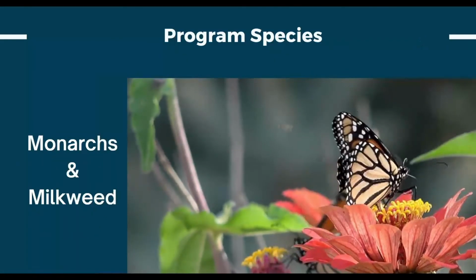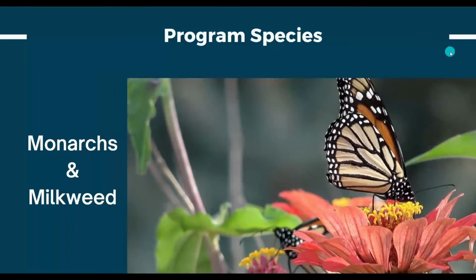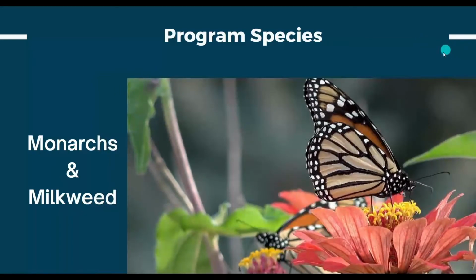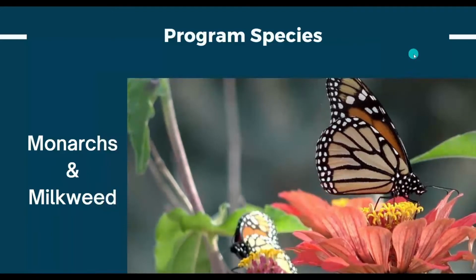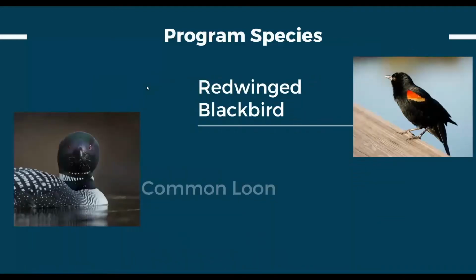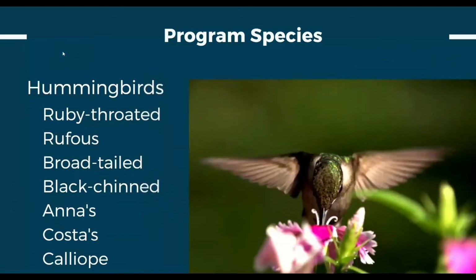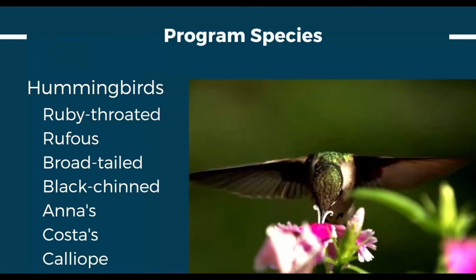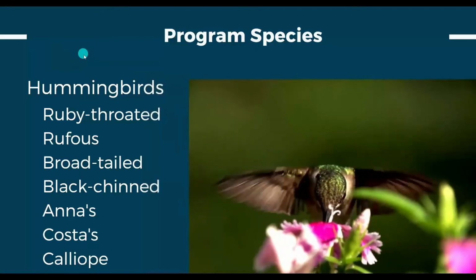As you can tell by our logo, our flagship species is the monarch butterfly, and our main project is Monarch and Milkweed. Not to have favorites, but I love hummingbirds, so our other main project is hummingbirds.